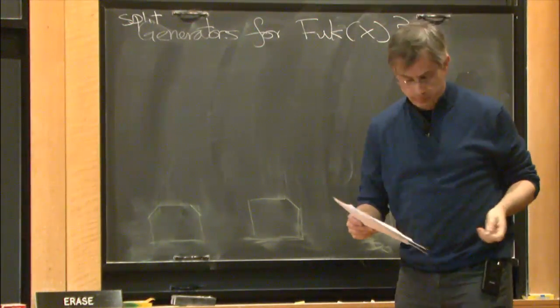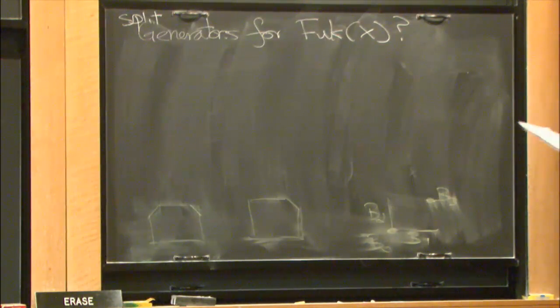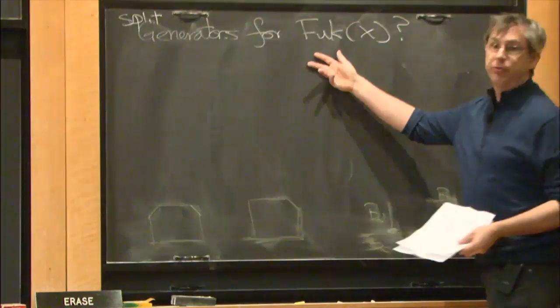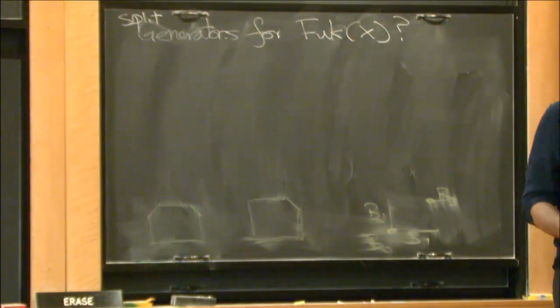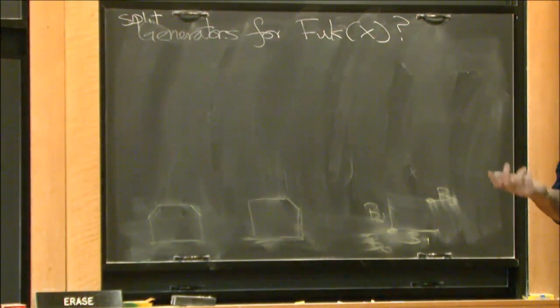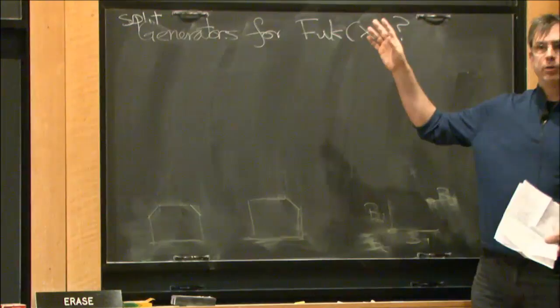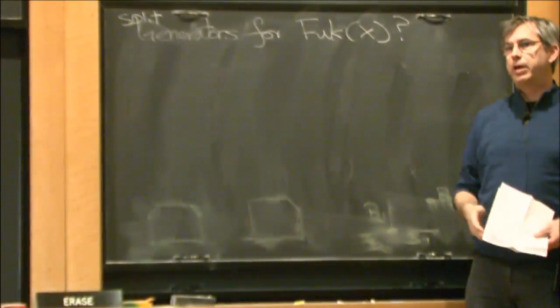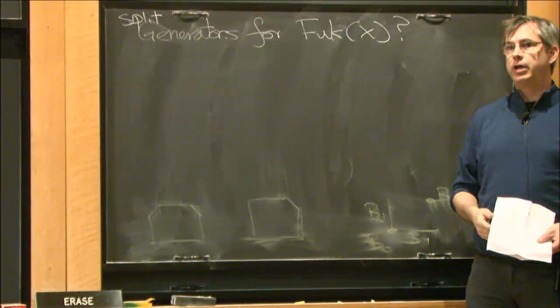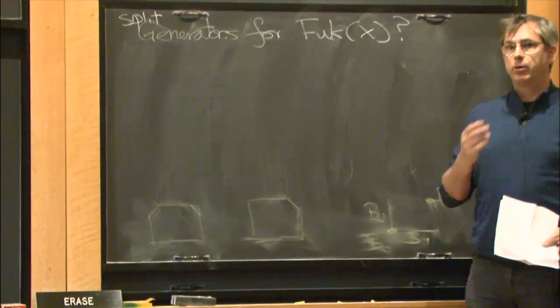Well, this is known in different cases. For example, for some Calabi-Yau varieties, it's known by work of Kontsevich and Seidel and Sheridan and other people. For toric varieties, it's known how to do this by Abouzaid and Fukaya, Oh, Ohta, Ono.